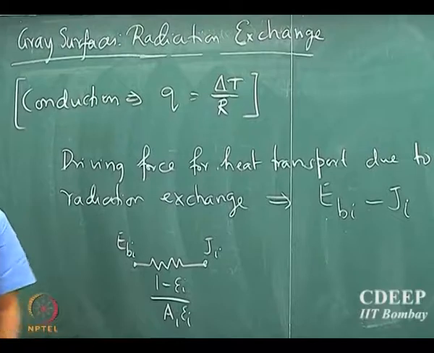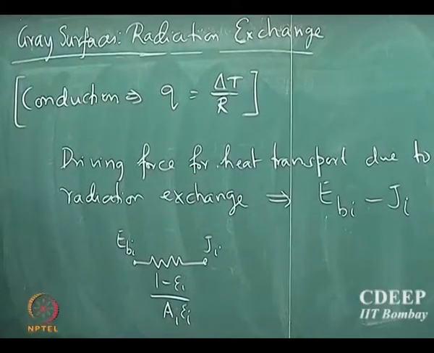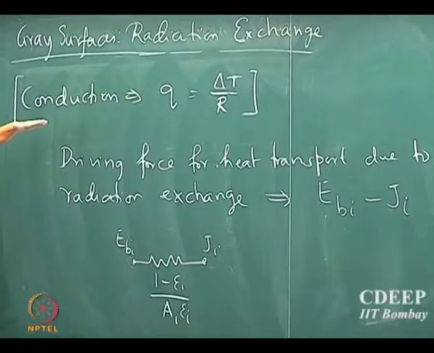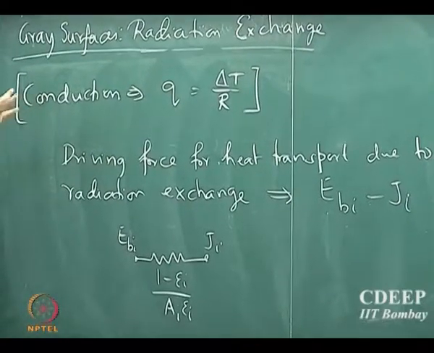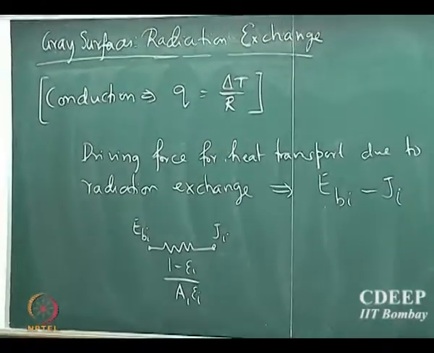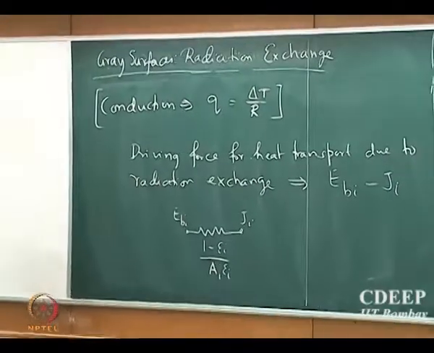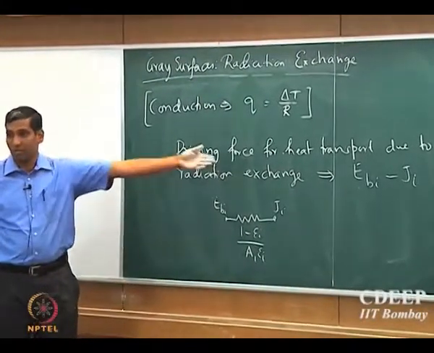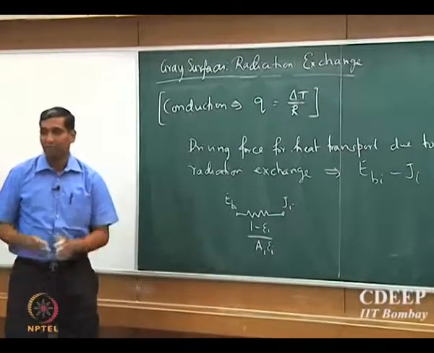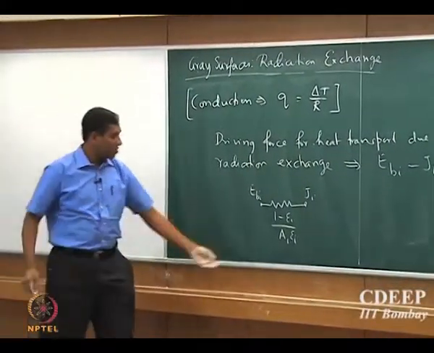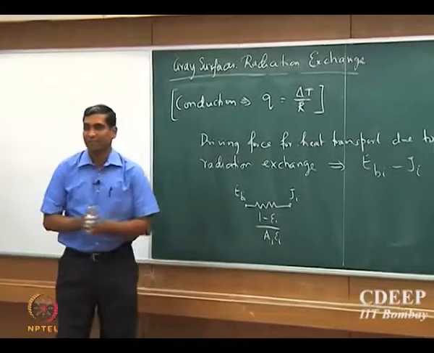What does this resistance signify? Note that in conduction we said the resistance is the resistance offered by the system for heat transport due to conduction. What does this offer here? What resistance does it reflect?